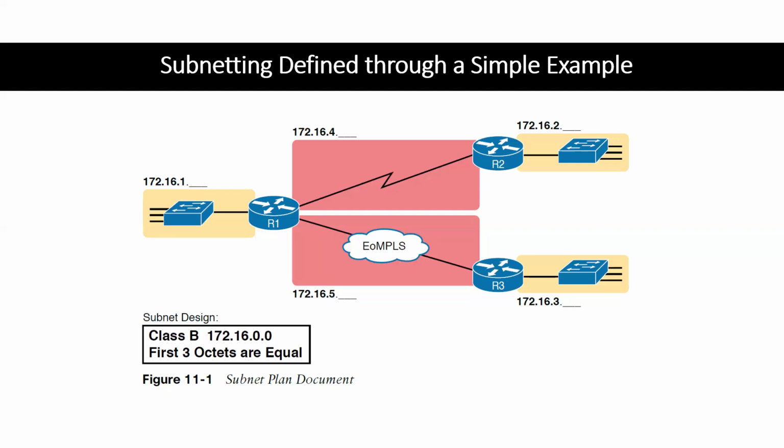R1 going towards R2, you got 172.16.4.x. And at the bottom, R1 to R3, you got 172.16.5.x. And so, Easter egg: all these subnets look like a /24.